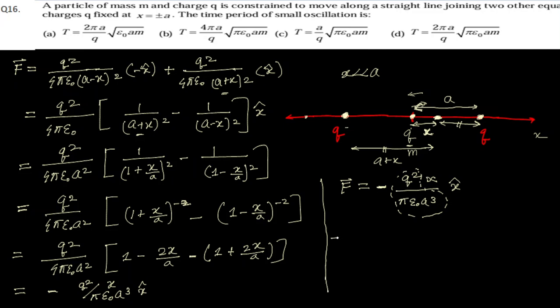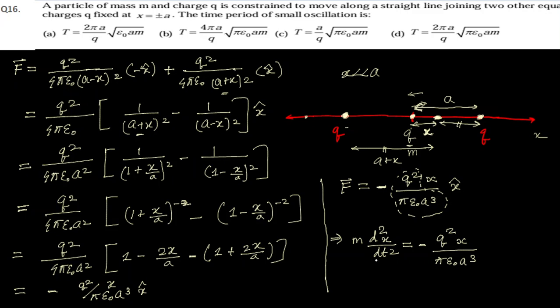So if we want to write the equation of motion: mass into acceleration, m d square x by dt square. This force has only an x component, so we get minus q square x divided by pi epsilon naught a cube.